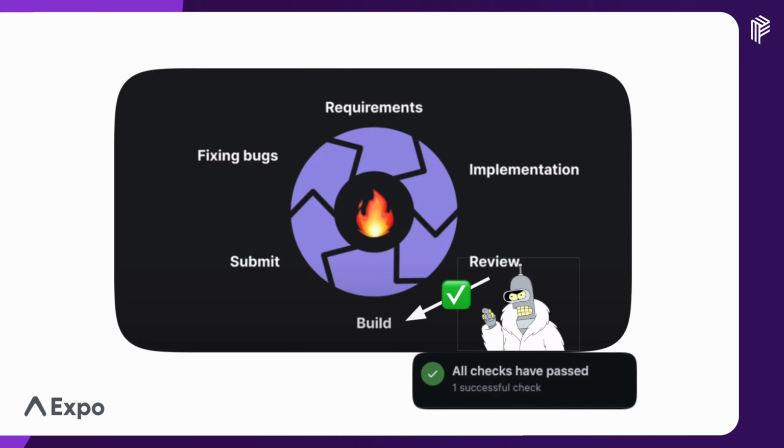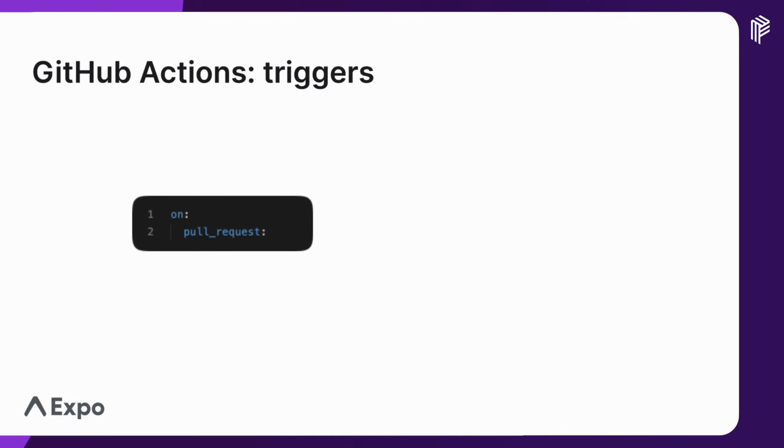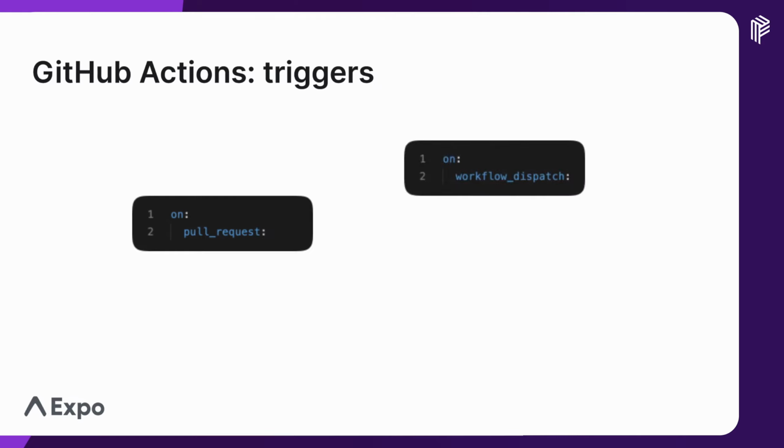Now, there are a few other things in GitHub Actions that might prove really useful, and those are the triggers. Until now, we just used on pull request, which basically means that everything related to pull requests in your repository will trigger the whole workflow. There are others, like workflow dispatch. We use it a lot when manually deploying something somewhere.